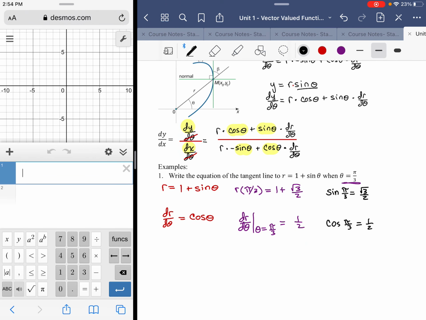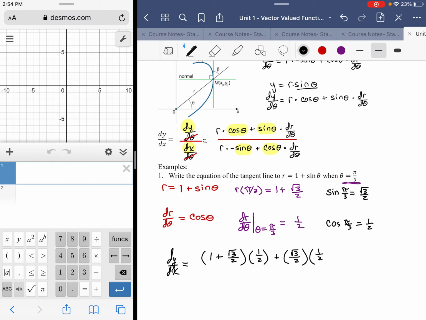All right, so dy dx. My r, well, that's just 1 plus rad 3 over 2. Cosine of theta we just figured out is a half, plus the sine of theta, rad 3 over 2.